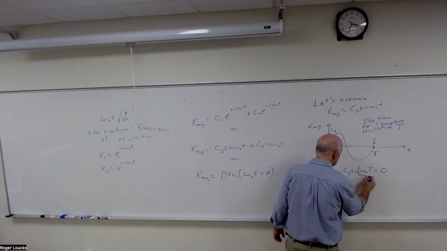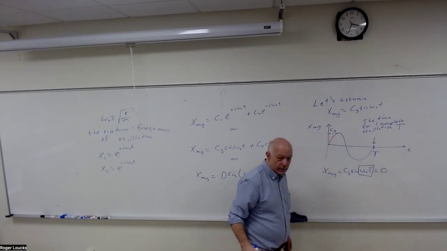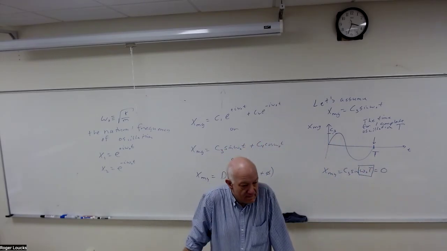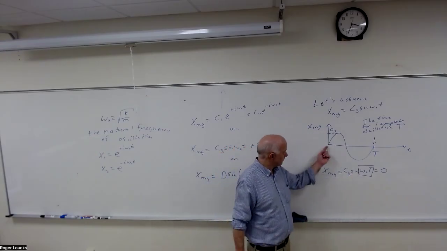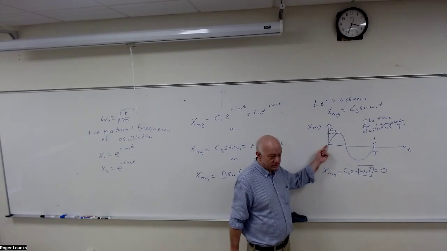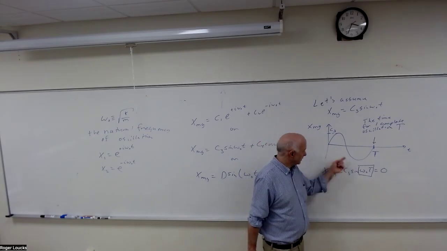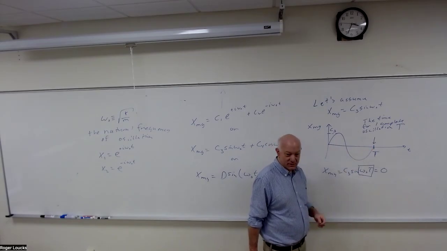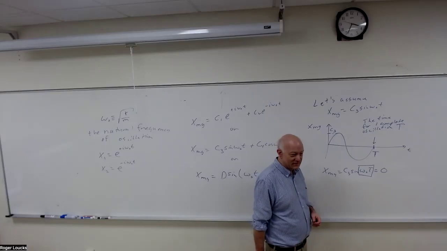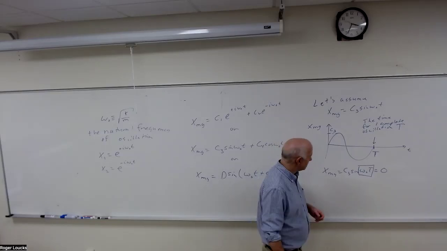So what does it mean about omega naught t? This argument is 0. Omega naught t is 0, that's going to correspond to this. That has to be 2 pi, right?